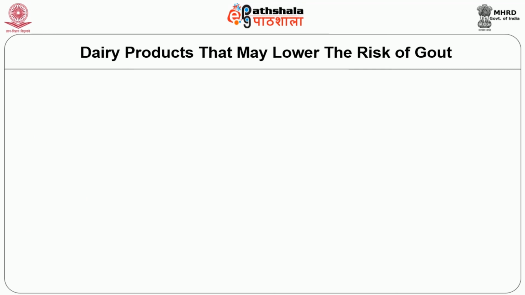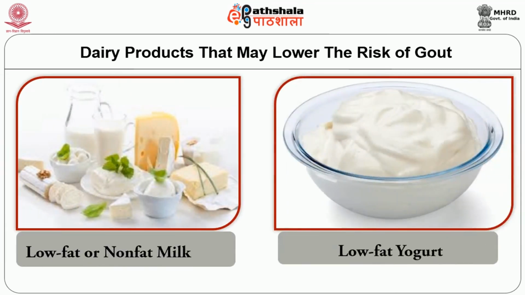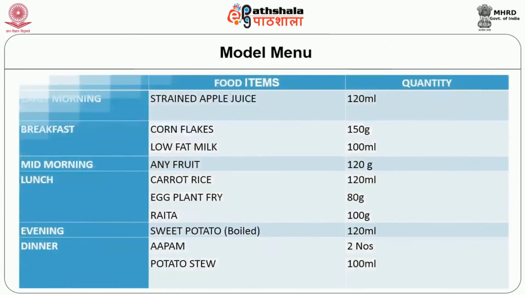Some of the dairy products that may lower the risk of gout are low fat or non-fat milk and low fat yogurt. A typical diet, a model menu for the management of gout, is shown here. This can be followed by anyone.